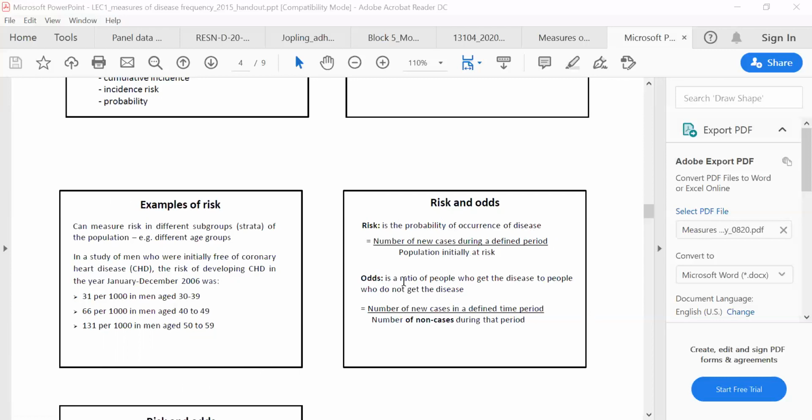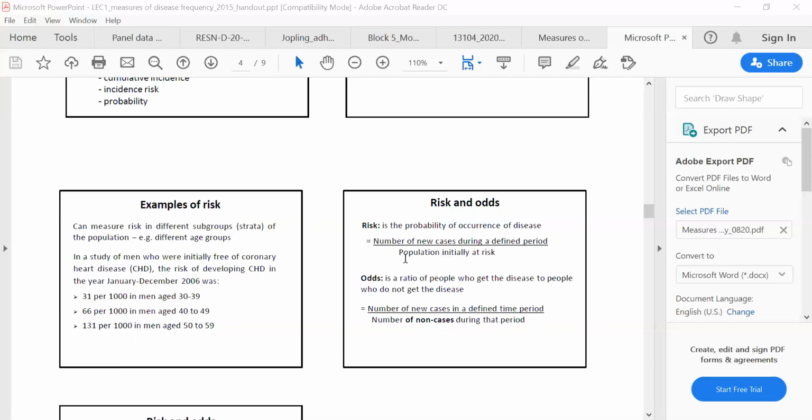Odds is a ratio of people who get the disease to the people who do not get the disease. So the number of new cases in a defined period of time, those who get the disease, over those who didn't get the disease. That's the odds. But for risk, we use the population at risk initially.